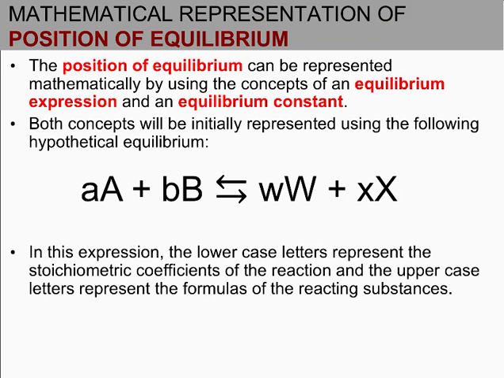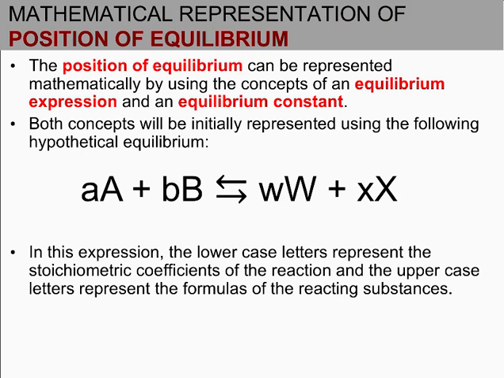All right. Now we can represent the position of equilibrium in a mathematical way by using what's called an equilibrium expression and an equilibrium constant. Let's say we have a hypothetical reaction at equilibrium.